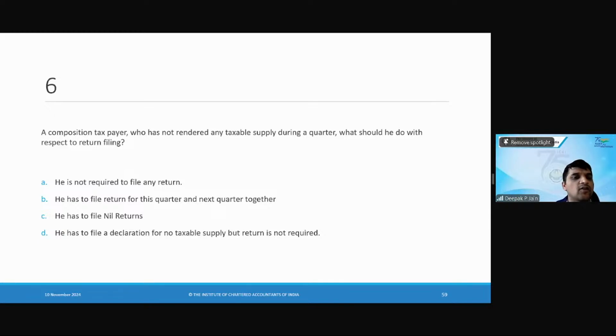The question is simple. A composition taxpayer who has not rendered any taxable supply during a quarter, what should he do with respect to return filing?